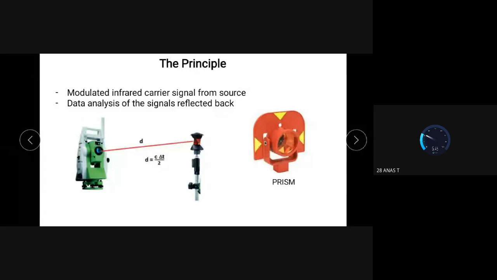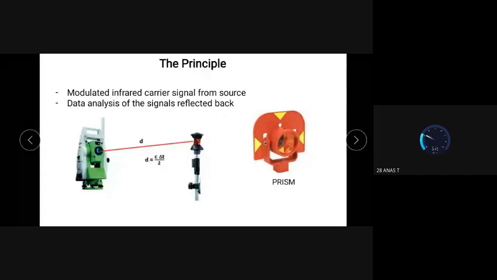Then we will set the instrument at one of the points. Say O എന്ന് പറയുന്ന ഒരു സ്റ്റേഷനിൽ നമ്മൾ ഇൻസ്ട്രുമെന്റ് സെറ്റ് ചെയ്യുന്നു. അത് കഴിഞ്ഞിട്ട് നമ്മൾ ഇൻസ്ട്രുമെന്റിൽ കൂടി A എന്ന് പറയുന്ന ആ പോയിന്റ് നോക്കാം. So after viewing, we will send some infrared rays to the point A, and these infrared rays will go to the point A and it will reflect back.